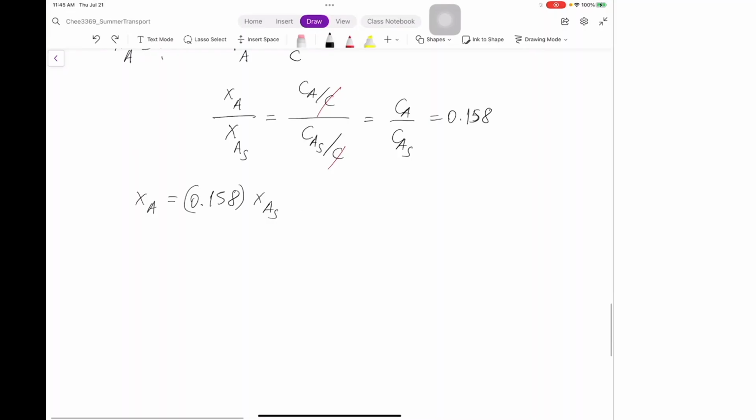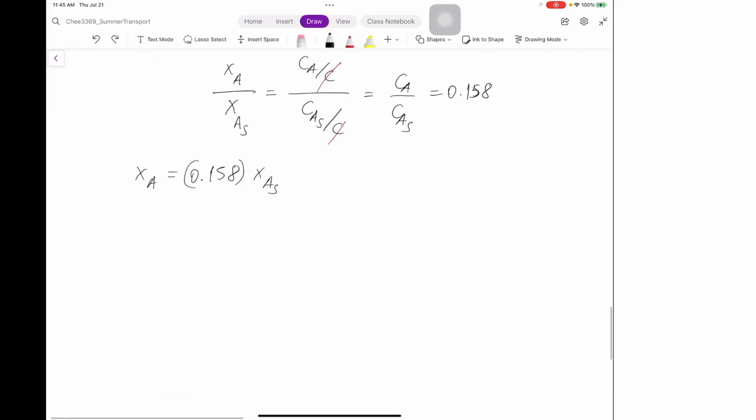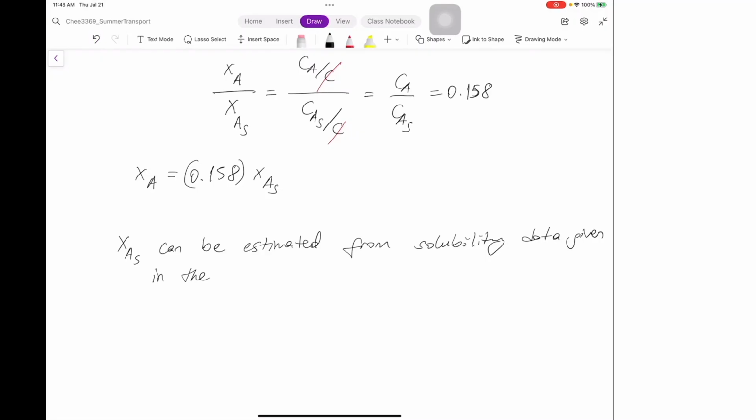XAS is the equilibrium mole fraction, right? So XAS can be estimated from solubility data given in the form of Henry's law.